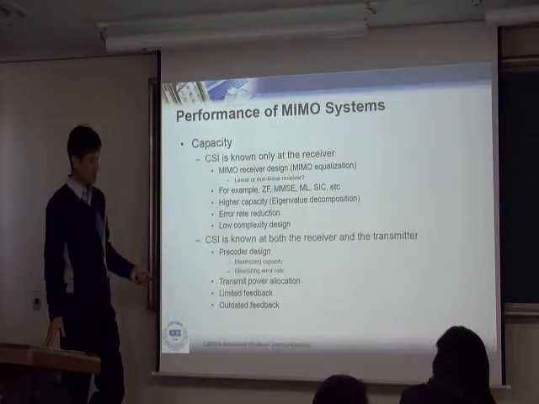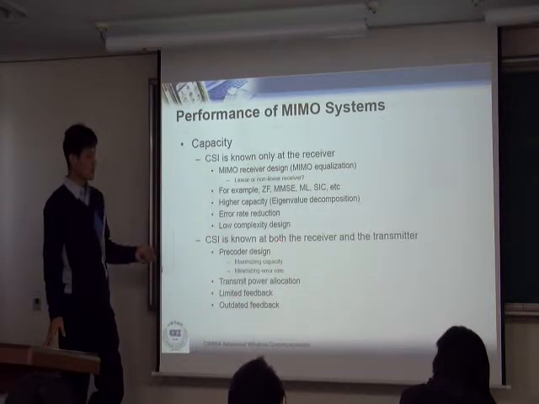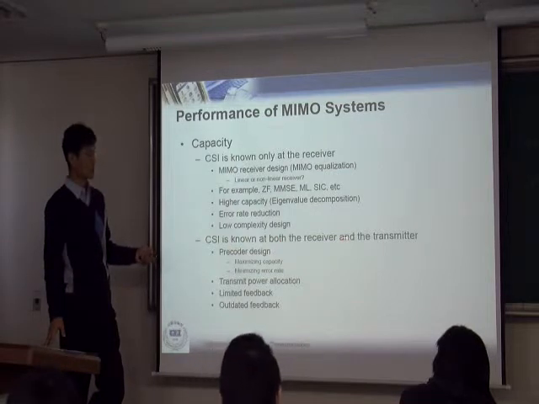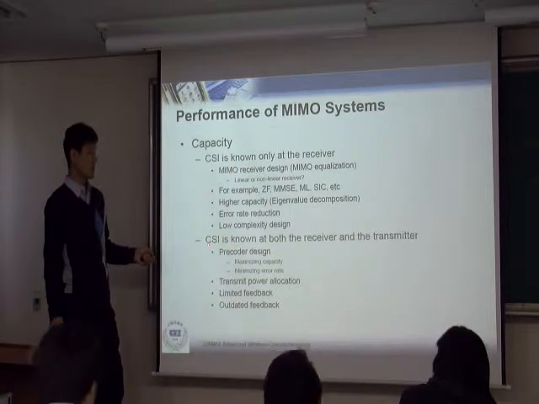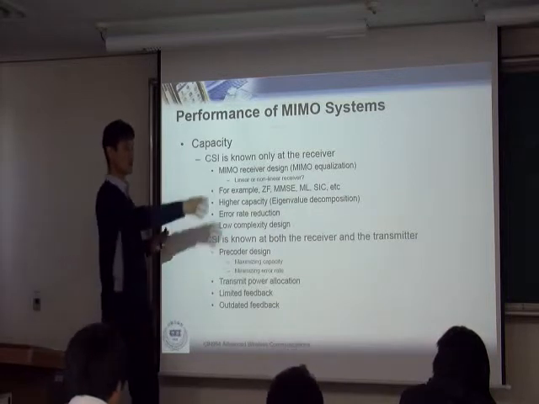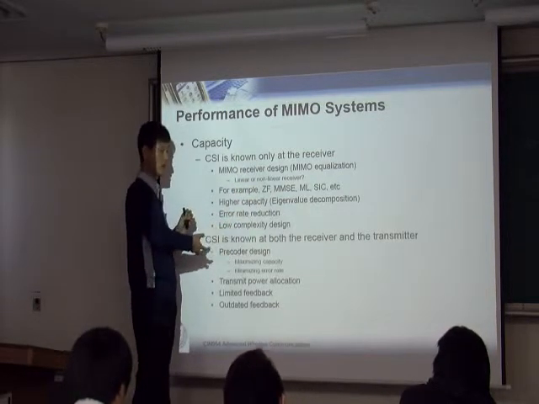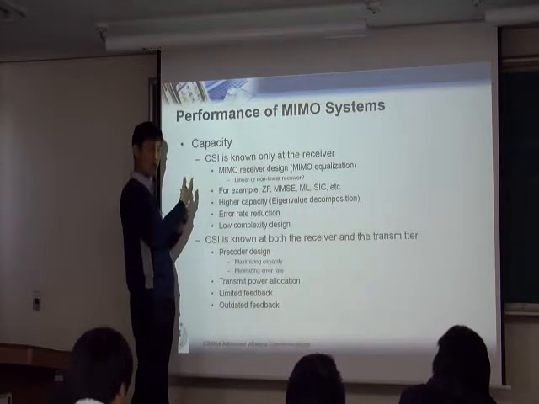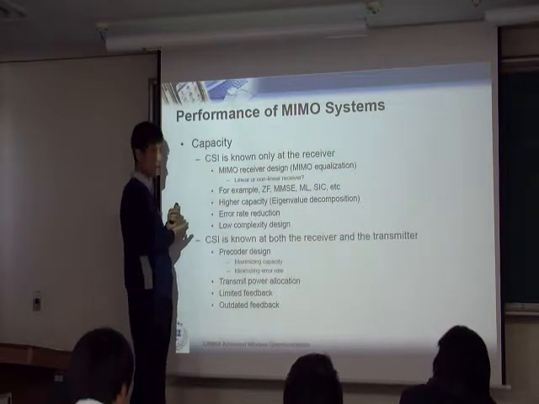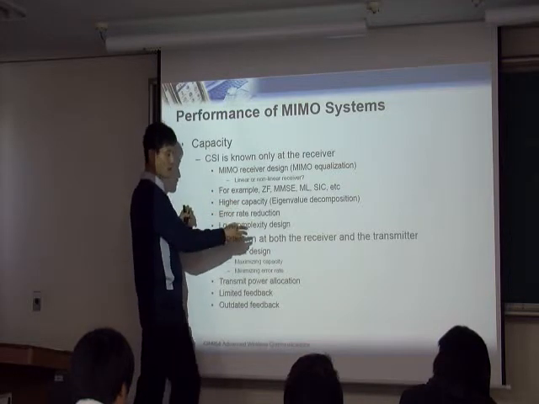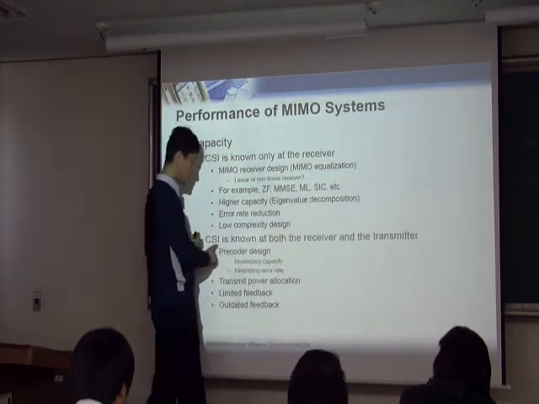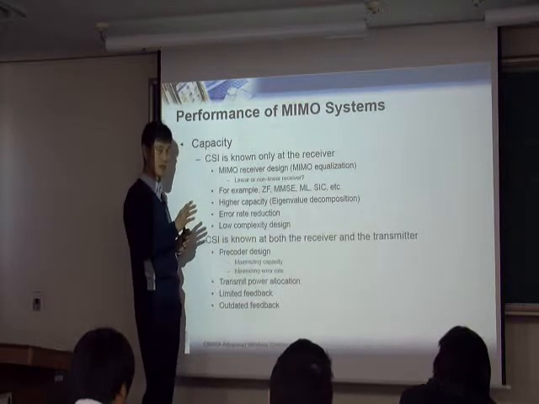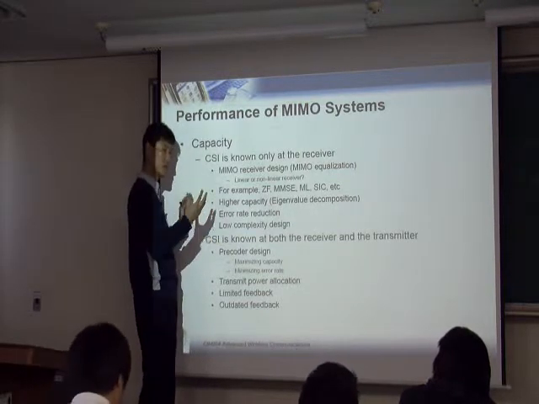Going back to this assumption, CSI is known at the transmitter. If CSI is known at the transmitter, that basically means the receiver is feeding back the CSI to the transmitter. But how is that possible? Typically the CSI is a complex value. It's a pretty big piece of information.